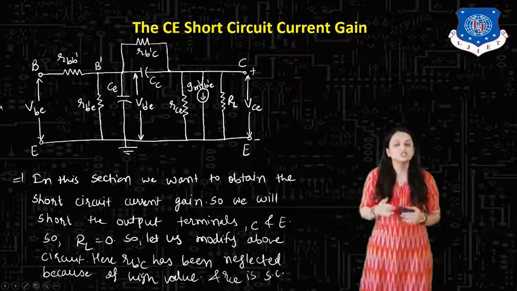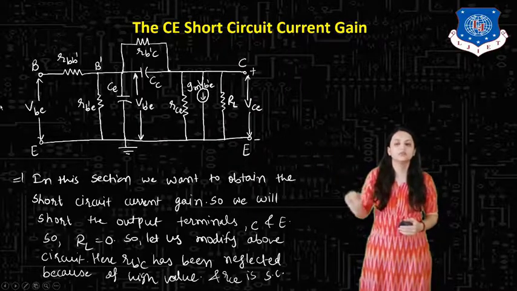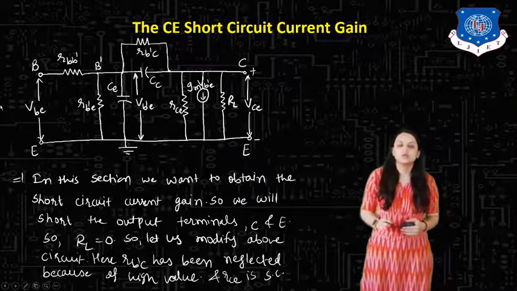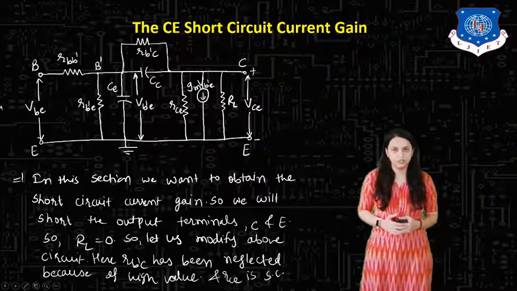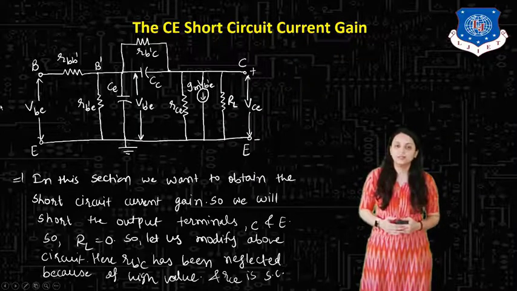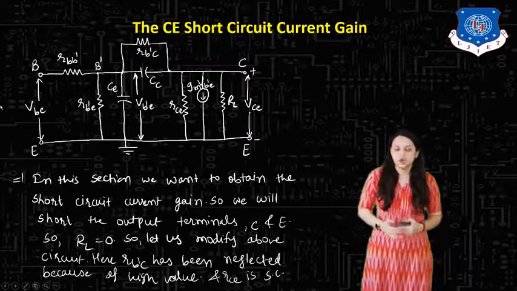So we will short the output terminals C and E from this figure. Here RB'C, that is the resistance across the terminals B' and C, has been neglected because of its high value, and RCE, that is the resistance between collector and emitter sources, is short circuited.